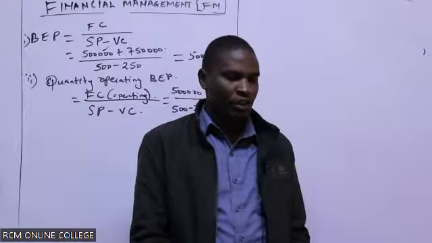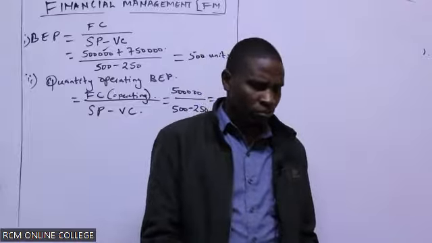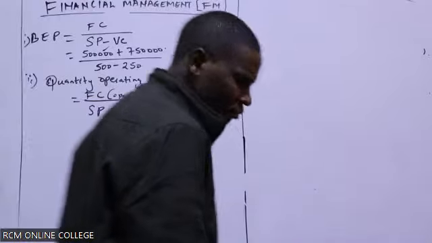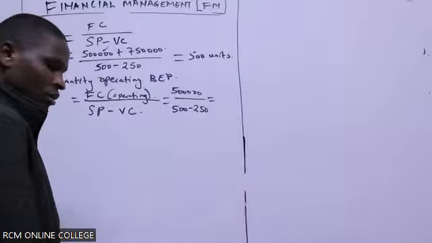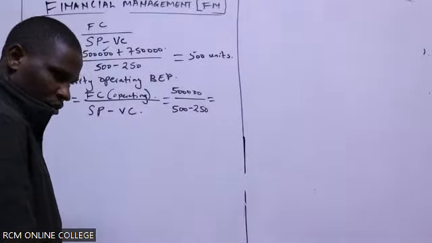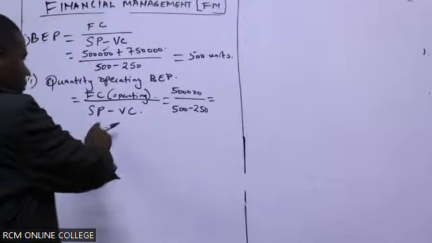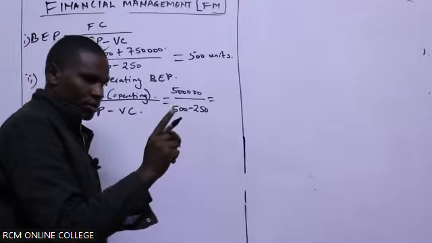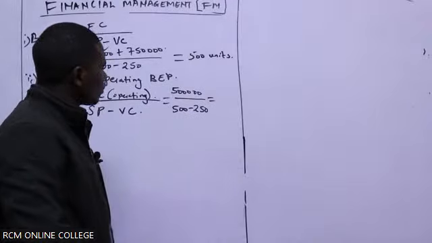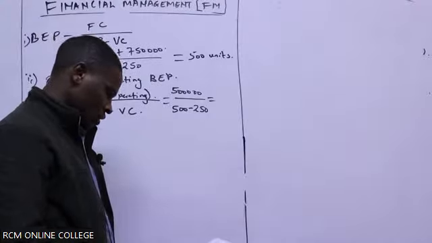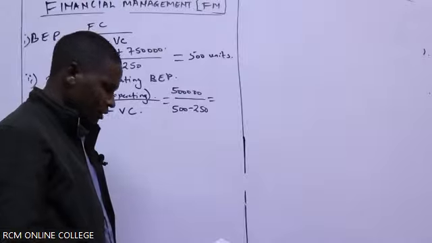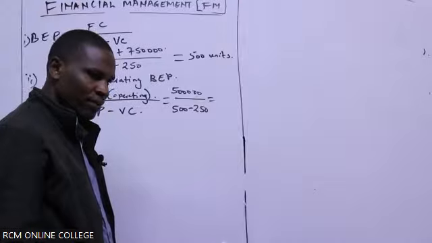Degree of operating leverage. Not 5. Aje? Tuambia it is 500. The selling price is 500. Ama ni 5. Oh. Okay, tuone. Wewe unaangalia gani? Operating ni, look, the firm has a fixed operating cost of 500,000.